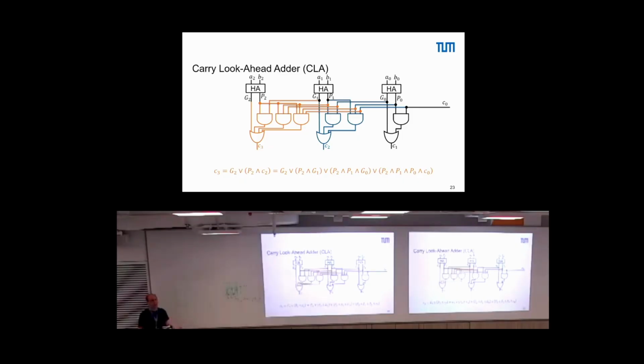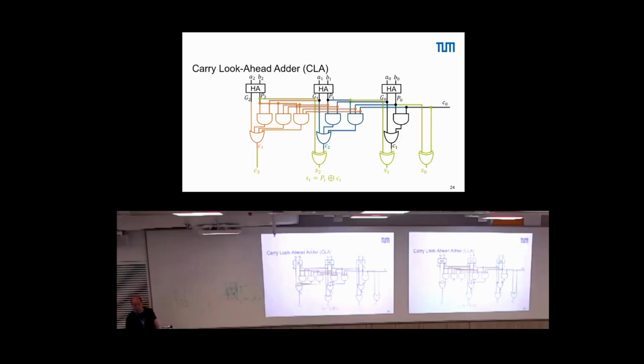Now we have all our carries, and we have generated these carries fully in parallel, right? So we did not have to wait to compute this carry here until the carry here was computed, right? We did not have to wait with the carry here until this and this one are computed. So it's quicker in a way.